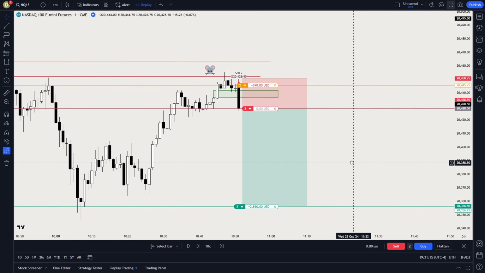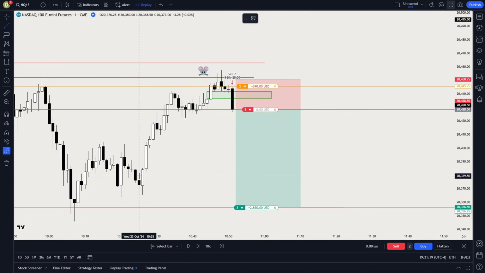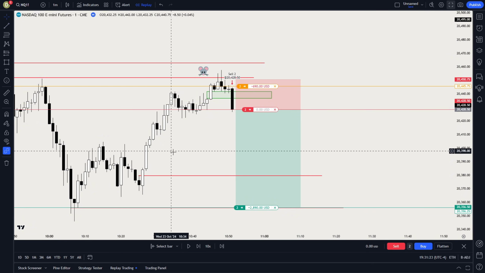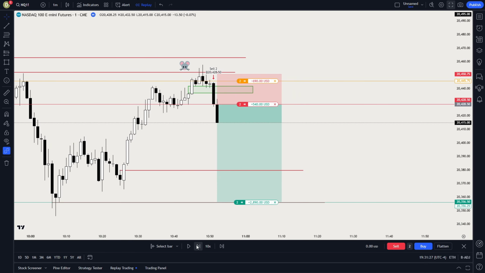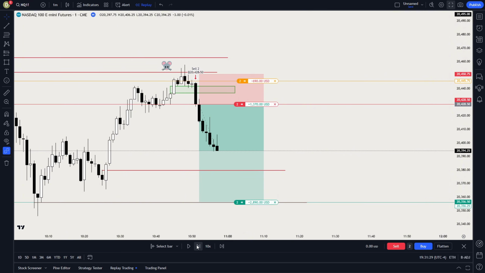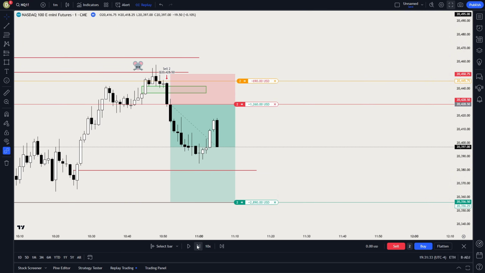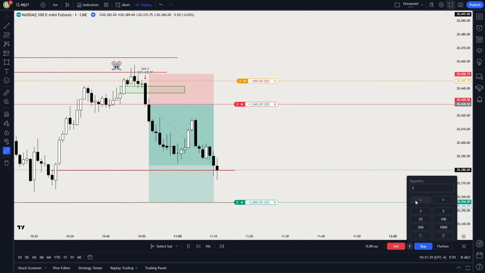Now let's see how this plays out. Also, I'm going to throw in one of my TPs right here to end this FVG displacement sequence. So let's see how it goes. Okay, we're on it perfectly. We went a little bit lower.